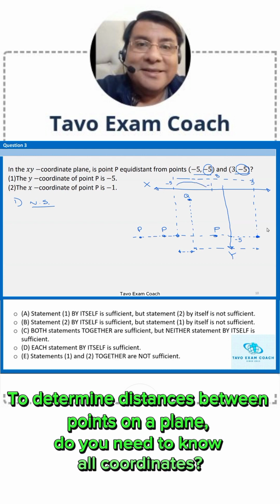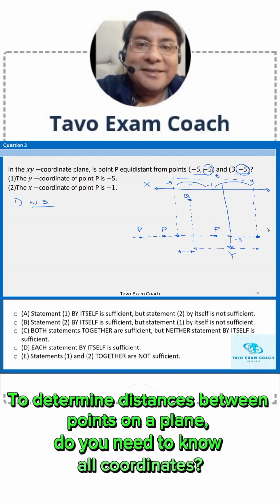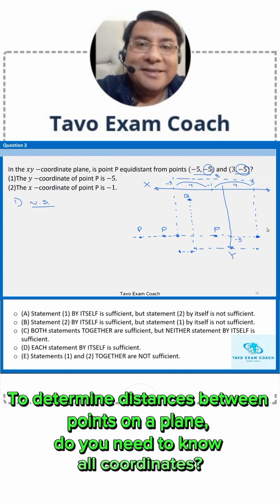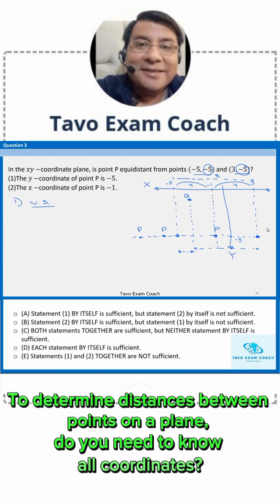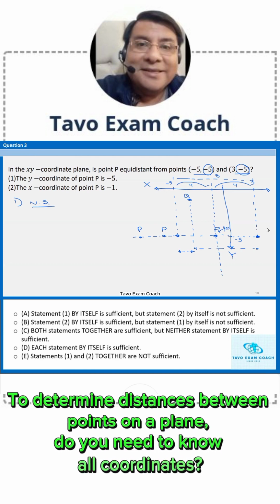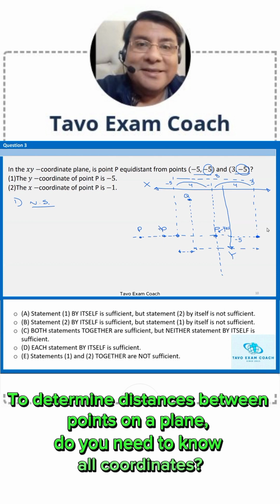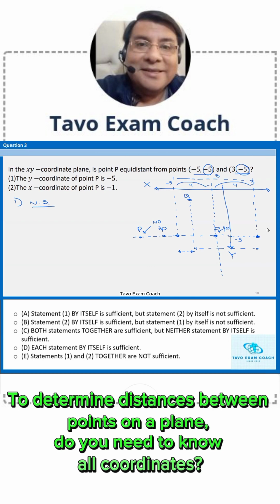Between -1 and -5, 4 units of distance. Between -1 and +3, also 4 units of distance. So only in this position would point P be equidistant. Here, you would have a yes for an answer, but in any other position, you would have a no. So statement 1 is not sufficient.